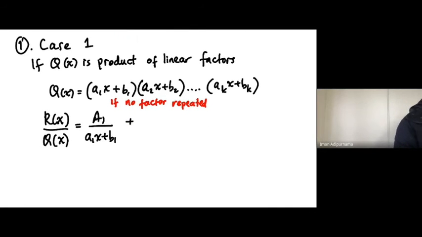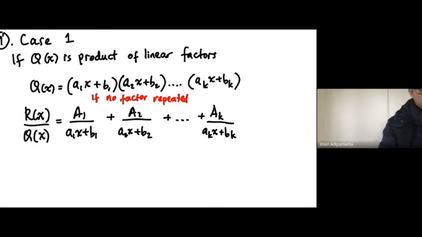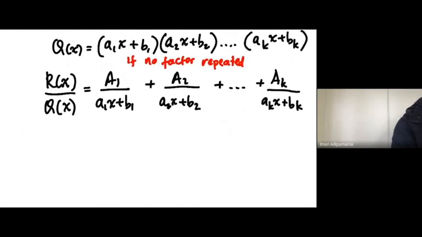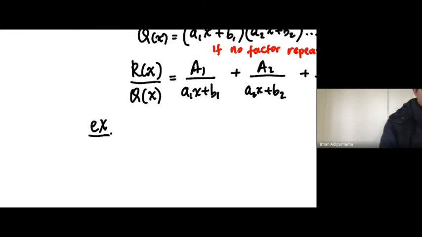So you need to separate this into each constant, each of A1, B1, A2, B2. I will give you an example, and then we can stop at this first case. The example is actually quite long, but let me just write it for you.